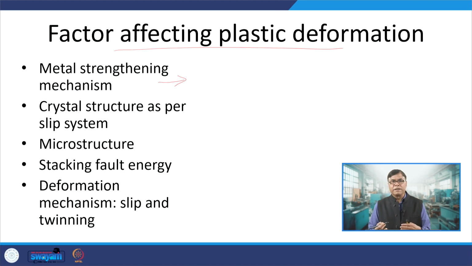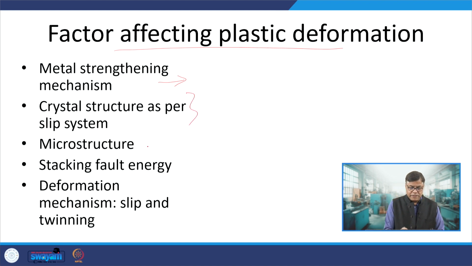Each mechanism responds differently to heat and to deformation. So, we need to see how a particular metal has been strengthened, and accordingly it will respond to the deformation or to the heat during material processing, whether the deformation is at room temperature or at a higher temperature.